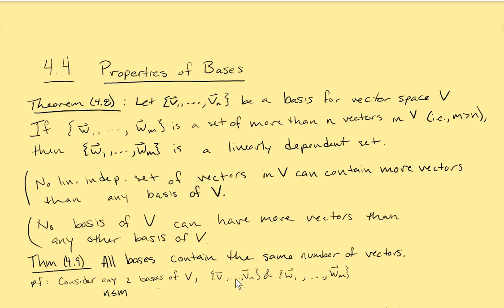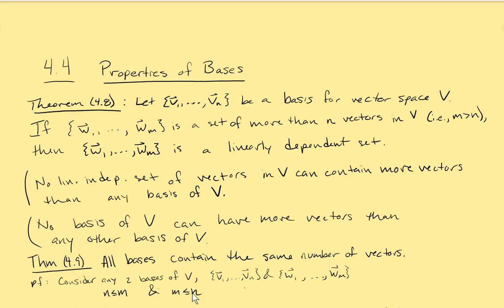Can't have more vectors here than are here. But that same argument holds in the reverse order. Can't have more w's than v's. Since they're both bases, it works in both directions. So we also get m is less than or equal to n. Taken together, these inequalities are only solved by m equaling n.